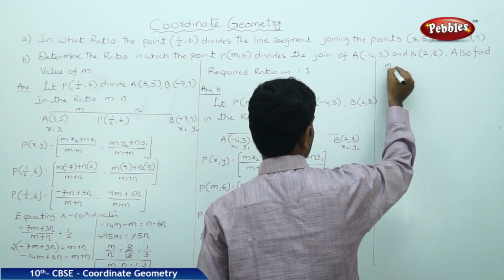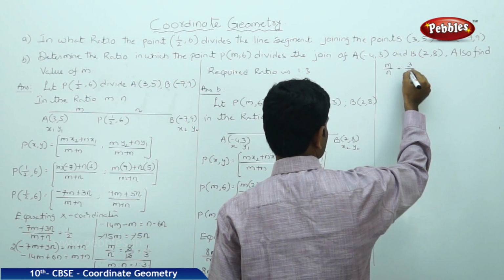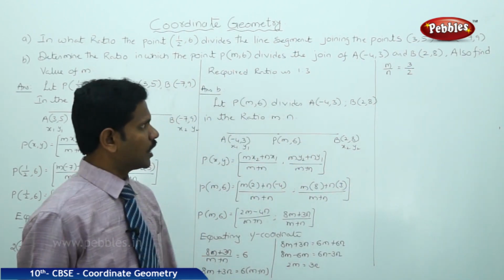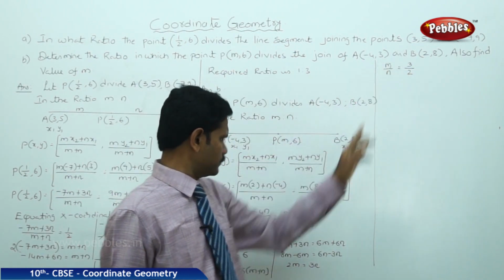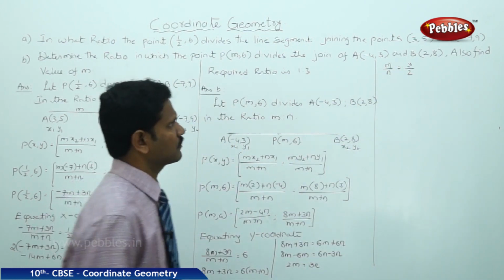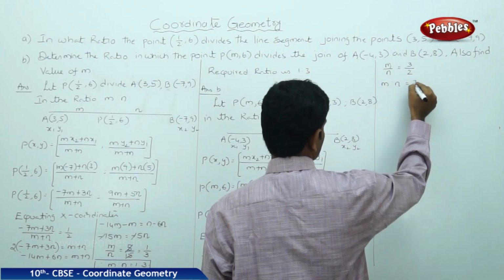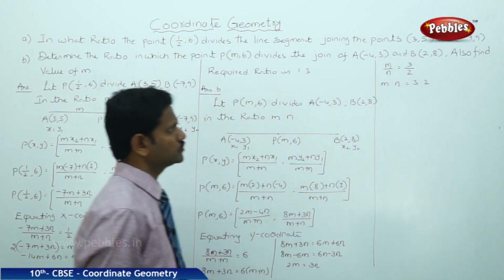Therefore m by n is equal to 3 by 2. After cross multiplication, 2 into m, 2m is equal to 3 into n, 3n, that is m is to n is equal to 3 is to 2.